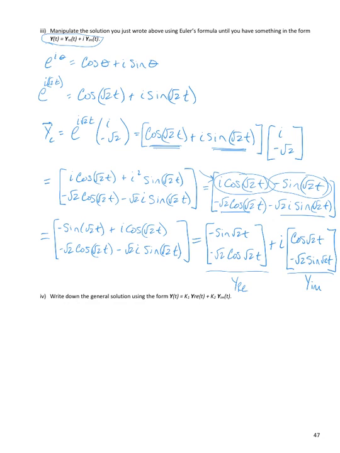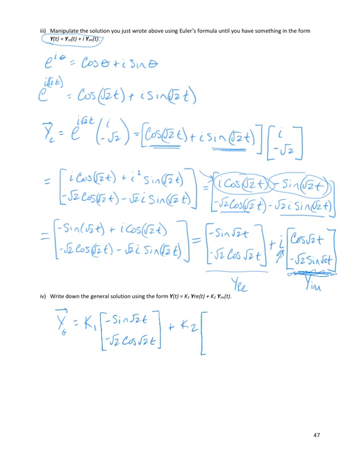All right, so the general solution to the system is k1 y real plus k2 y imaginary. So y general is k1 y real, which is negative sine root 2t, negative root 2 cosine root 2t, plus k2 y imaginary, which is this parentheses, not the i.